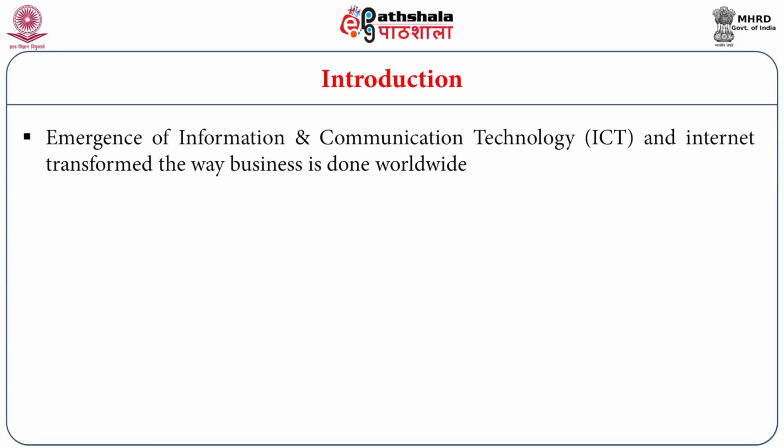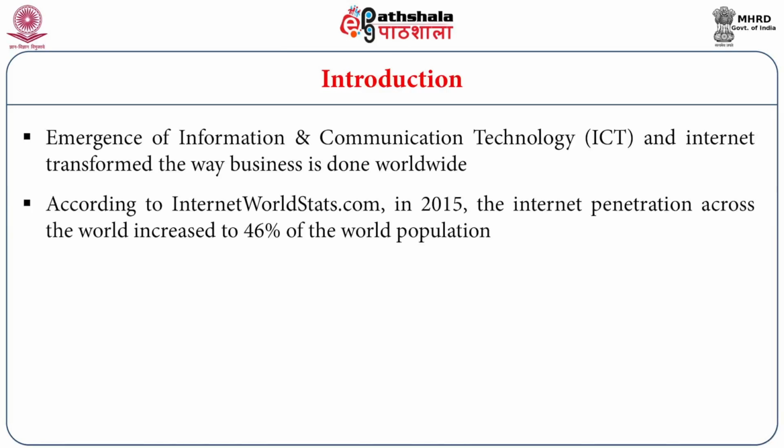Emergence of information and communication technology, which is popularly known as ICT, and the internet transformed the way business is done worldwide. According to internetworldstats.com, in 2015, internet penetration across the world increased to 46% of the world population, which means 46% of today's population use the internet.